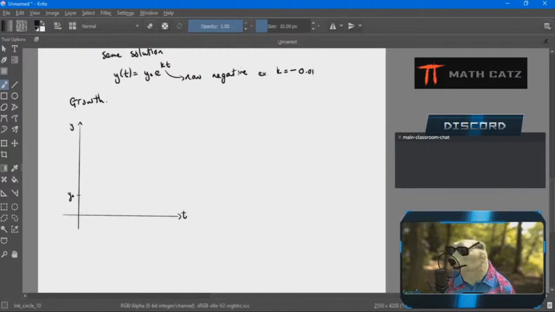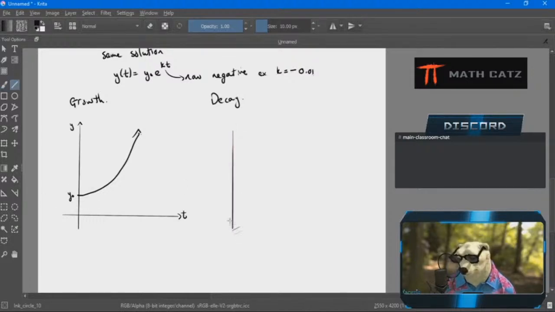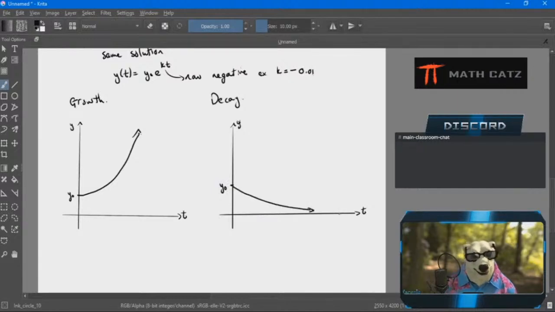I start at an initial amount and it grows exponentially. Decay, when I have a negative exponent, is going to reflect it in the vertical axis, and it's essentially going to be the other half of the exponential graph, decaying down to my horizontal asymptote at y equals 0.